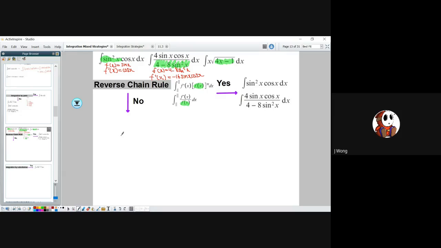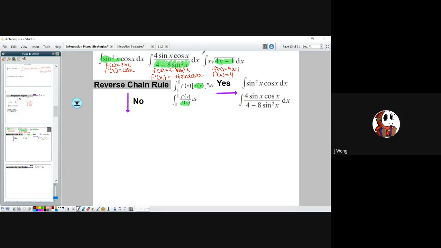For the last one, if I differentiate 4x minus 1, I just get 4. In this case, that does not fulfill the format that we have for reverse chain rule. The structure of the function has to be completely identical to the one that I didn't highlight.